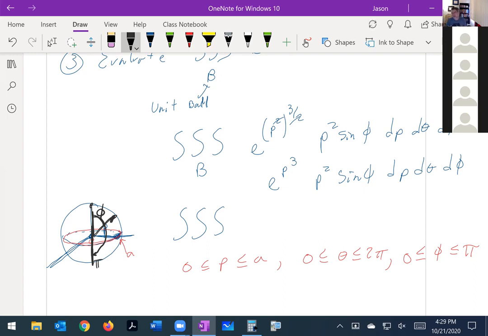Nice. So you want me to grab an orange? I mean, it might help. Go grab an orange and look at the orange slice, and then put the orange back together all the way around. So 0 to pi.